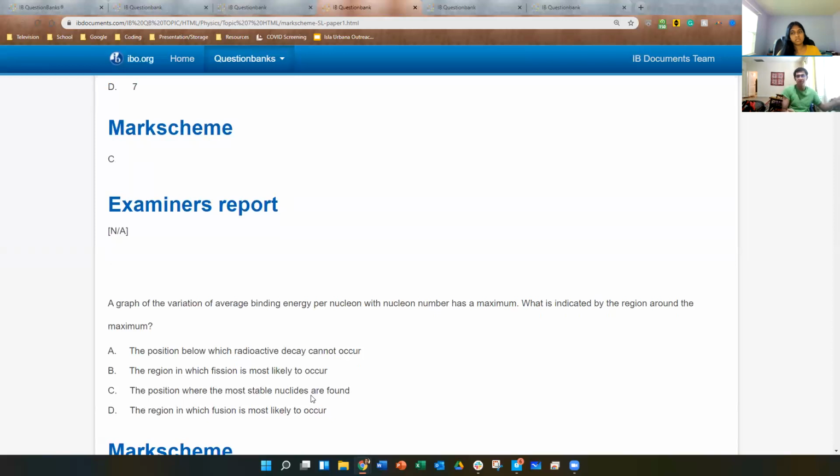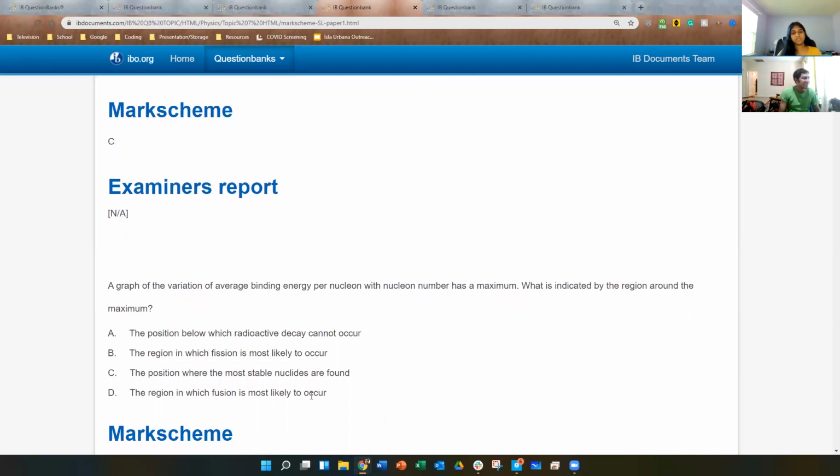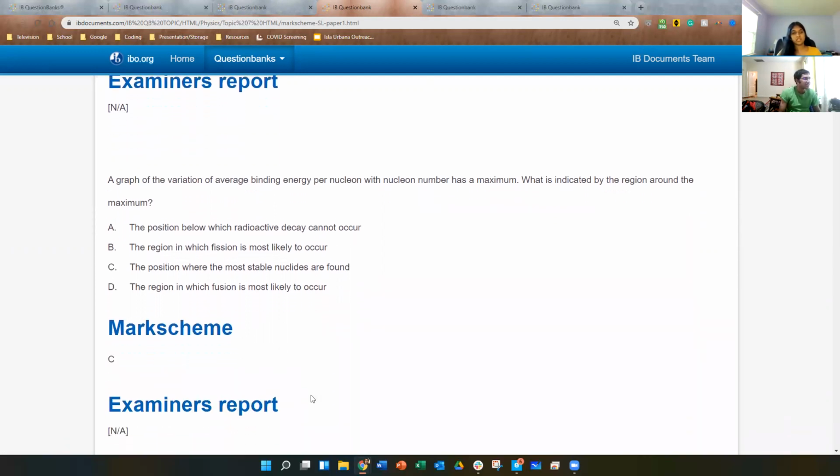Fusion is more likely to occur for smaller nuclei, right? You can't say the region around the maximum, it could be either one, but it would be further down, because hydrogen really likes fusion. Yeah, it is C. Okay.